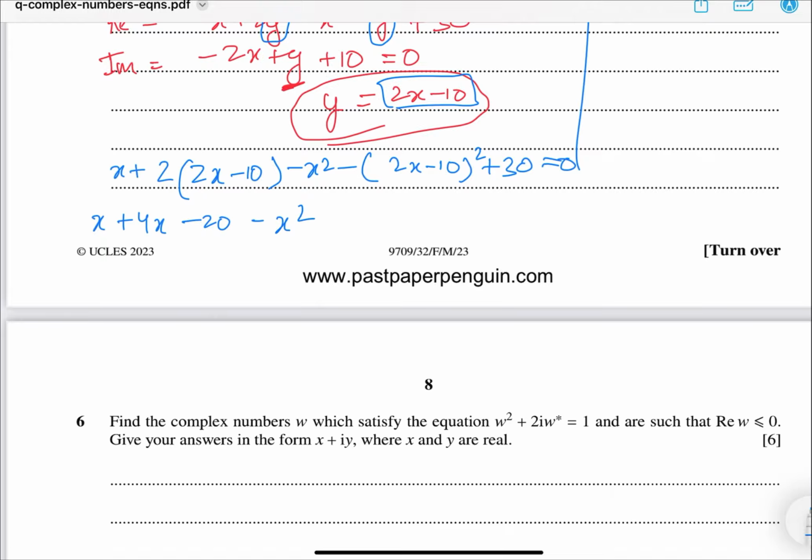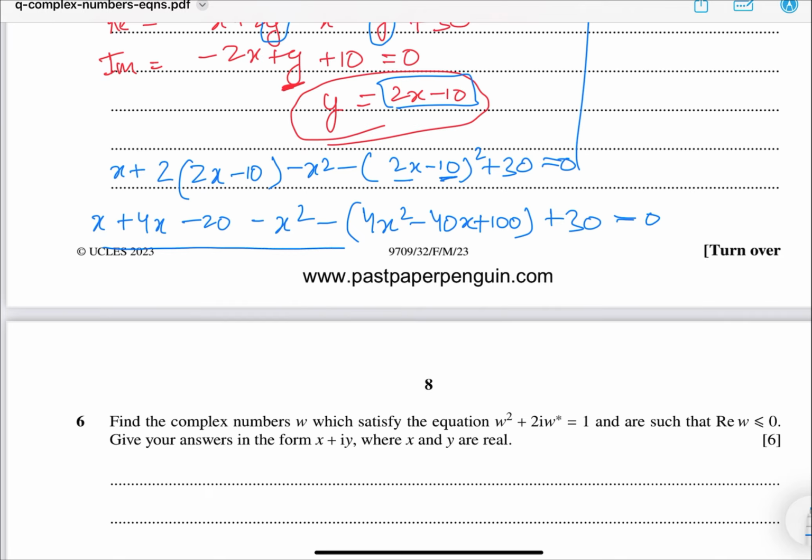Now if I expand this bracket, it is a square minus 2ab plus b square, right? So it would be 4x square minus 40x plus 100, 10 square is 100, plus 30 equals 0.